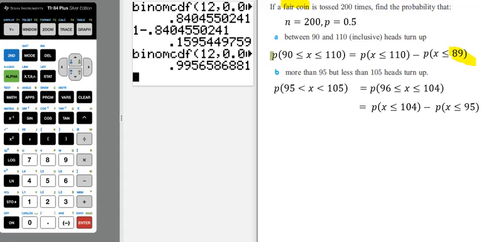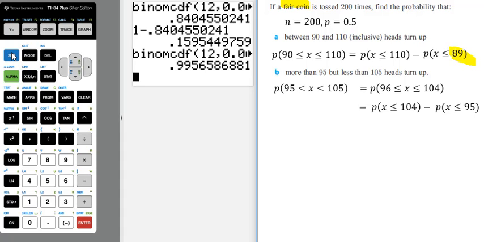Therefore, for the probability x between 90 and 110 inclusive, we can write down probability x less than or equal to 110 minus probability x less than or equal to 89. It's not 90.